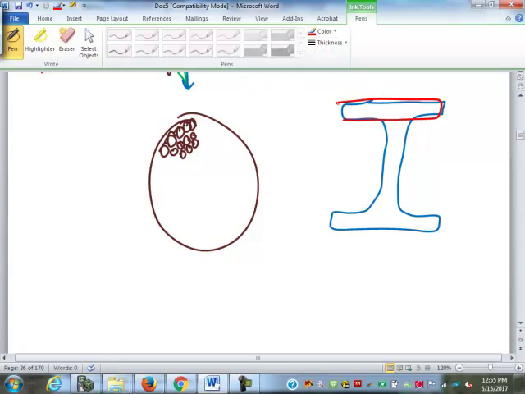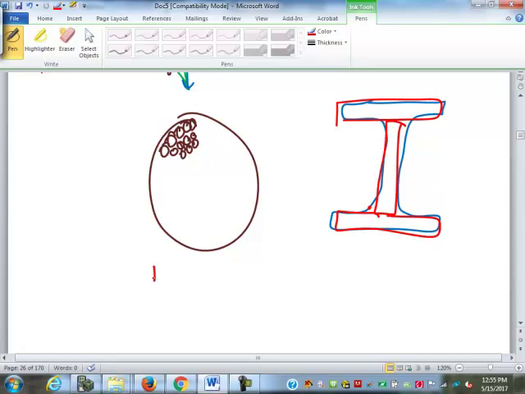Generally just break it down into rectangles like this. And you lose some in those corners, but you can get a pretty good approximation of the cross-sectional area. And there's a percentage of that cross-sectional area that can be corroded. So in other words, the rust can go so deep before it causes a problem.